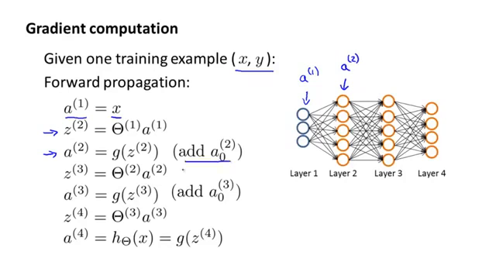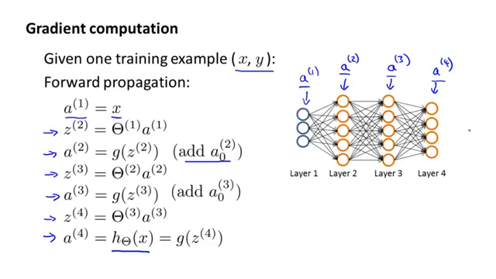We also add those bias terms. Next, we apply two more steps of forward propagation to compute A3 and A4, which is also the output of our hypothesis h of x. So this is our vectorized implementation of forward propagation, and it allows us to compute the activation values for all of the neurons in our neural network.